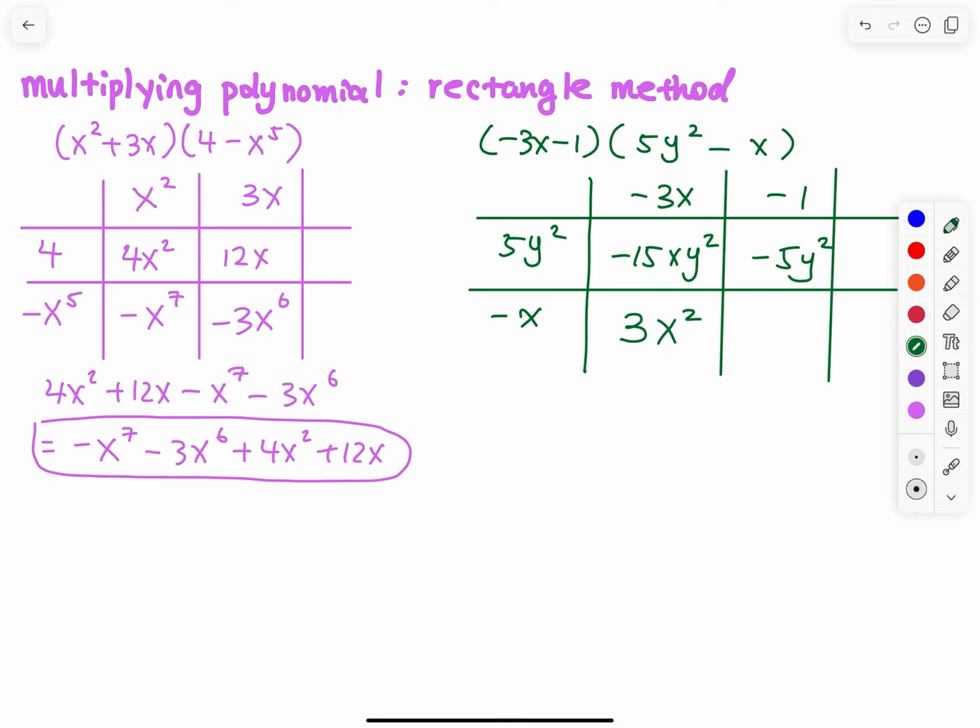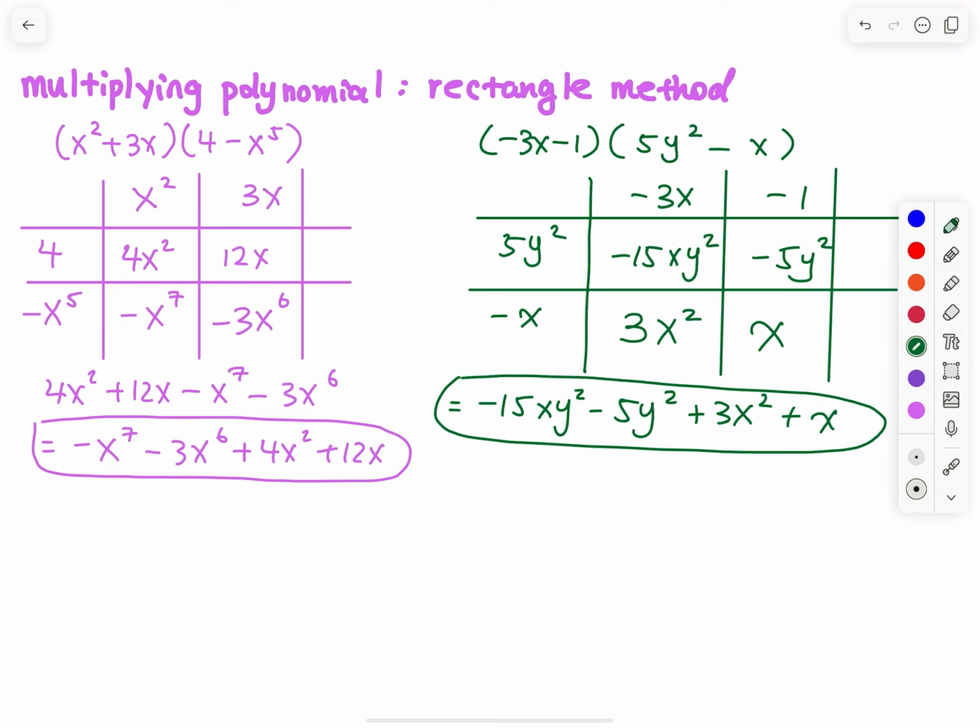And then negative 1 times negative x, that is a positive x. You put everything together, so that will be negative 15xy squared minus 5y squared plus 3x squared plus x. I don't think there is anything to simplify. Then you just box your final answer.